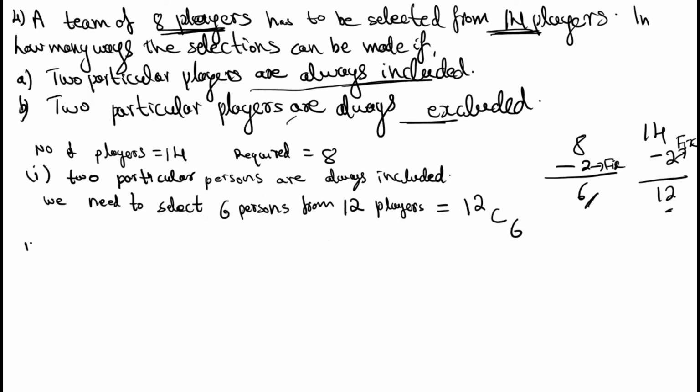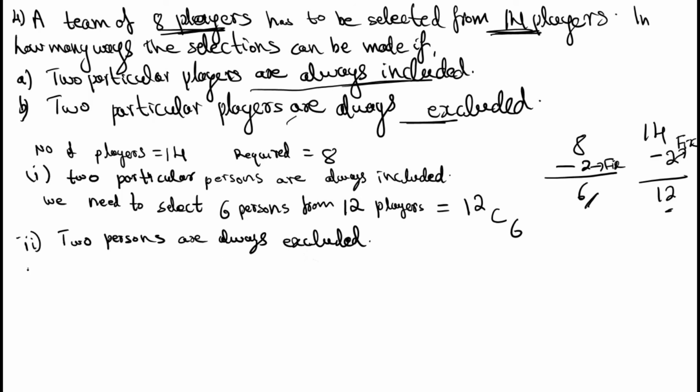Now see the second case. Two persons are always excluded. That means whatever team you are constructing, those persons are not included.